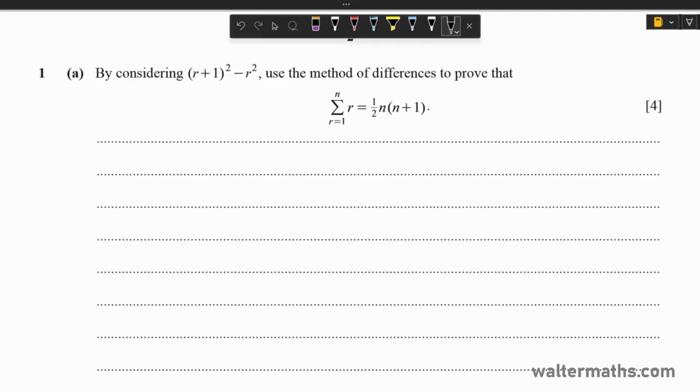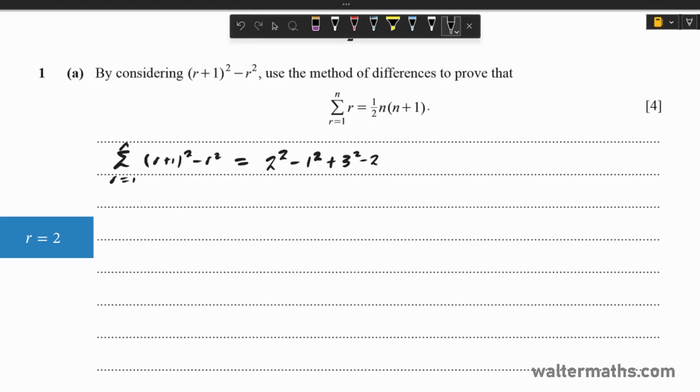So I'll say the sum from r is equal to 1 up to n of r plus 1 squared minus r squared should give us, when r is 1, we'll be having 1 plus 1 squared minus 1 squared, which is 2 squared minus 1 squared. When r is 2, we will be having 3 squared minus 2 squared.